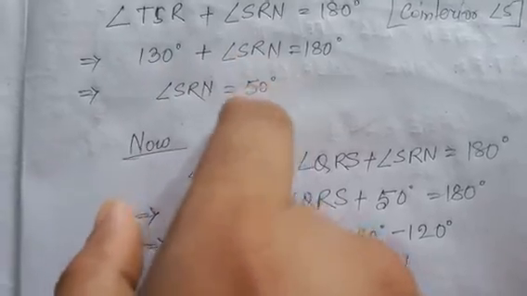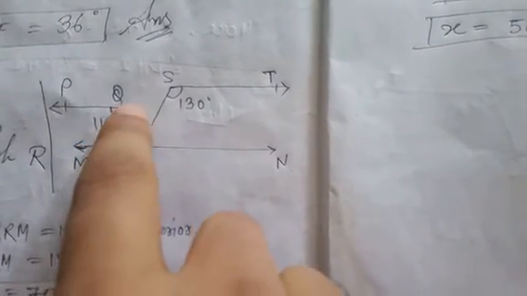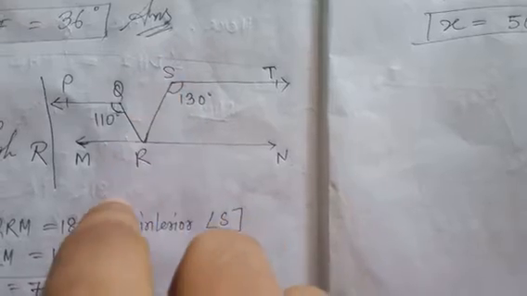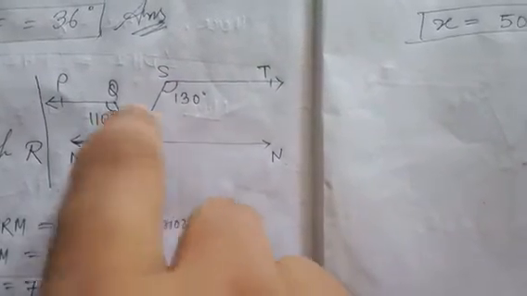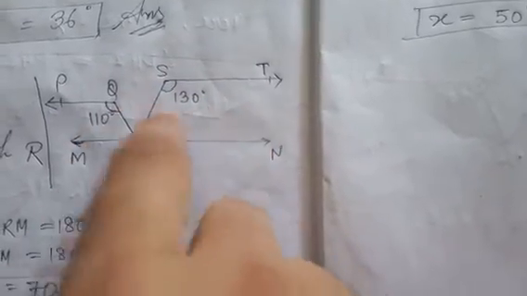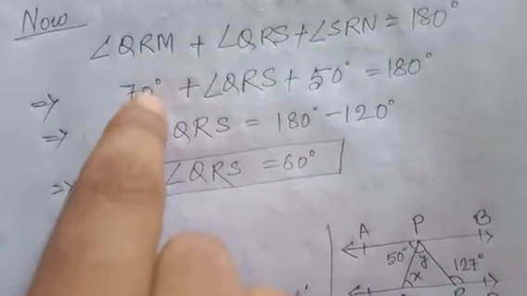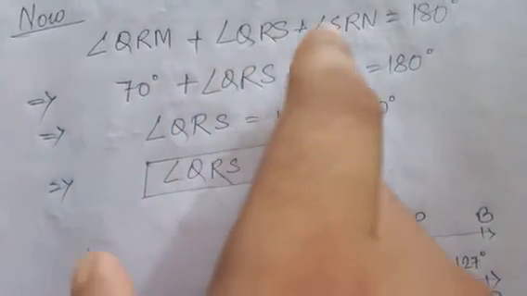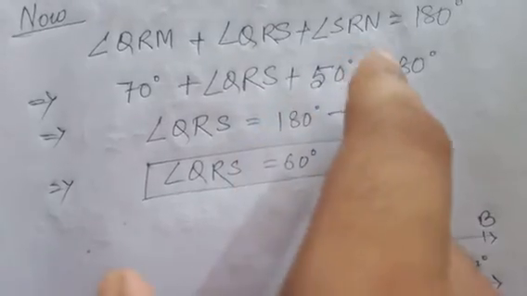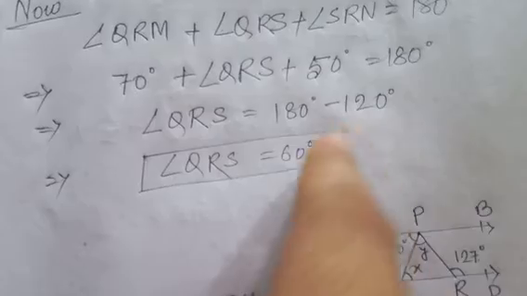Therefore SRN equals 50 degrees. Now in the given picture, QRM, QRS and SRN total 180 degrees. Put the value of QRM 70 and SRN 50. So QRS equals 180 minus (70 plus 50), which is 180 minus 120, so 60 degrees. QRS is 60 degrees.